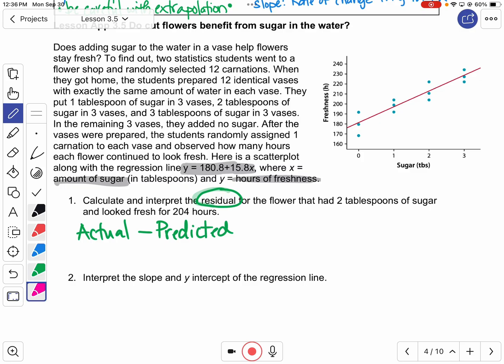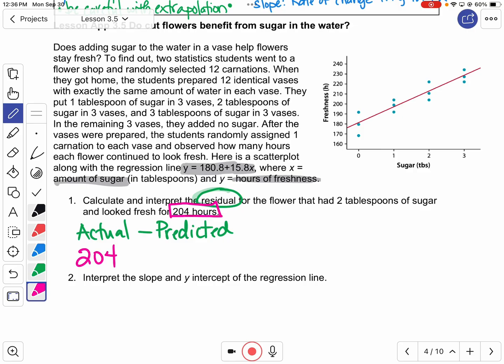Well, if we look in this sentence, it gave me the actual value. How many hours did it look fresh? 204. What we have to do is figure out the predicted value.